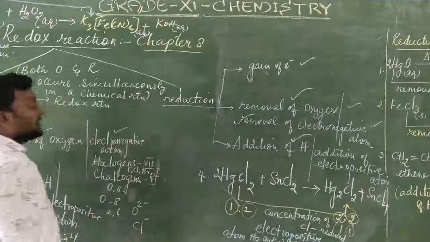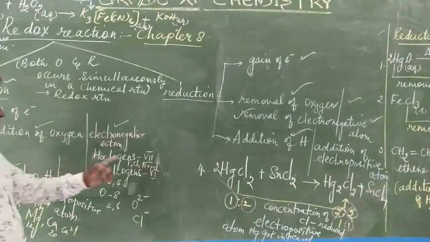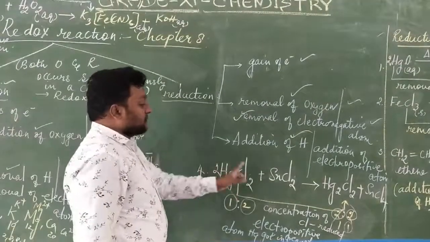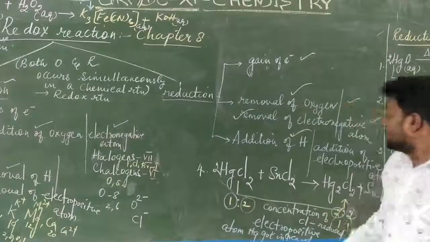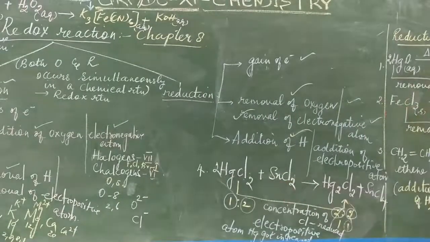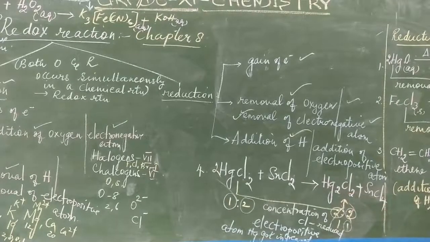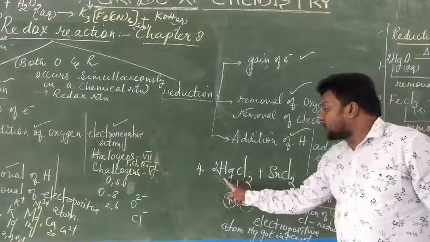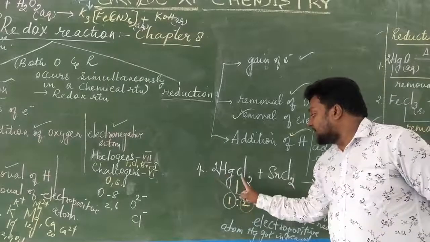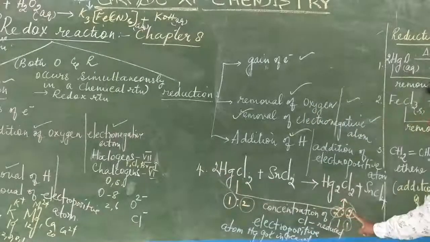Can you understand the meaning now? What's happening in this reaction? I've taken HgCl2 combined with SnCl2, stannous, which gives rise to the formation of Hg2Cl2 plus SnCl4. Here I am writing the proportion: Hg is 1:2, here 2:2 proportion.